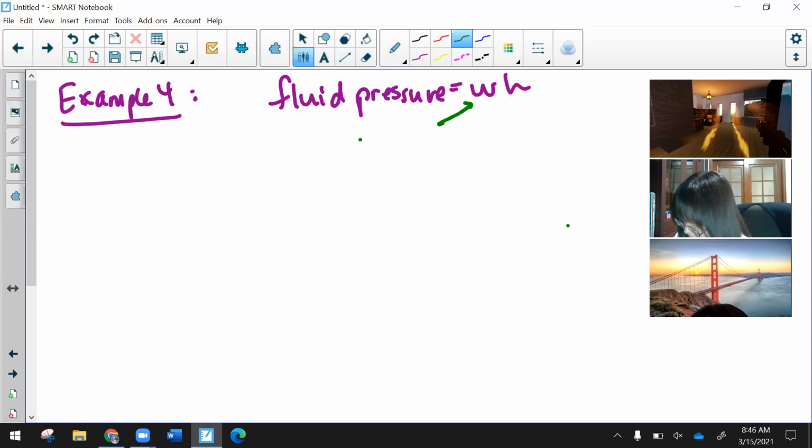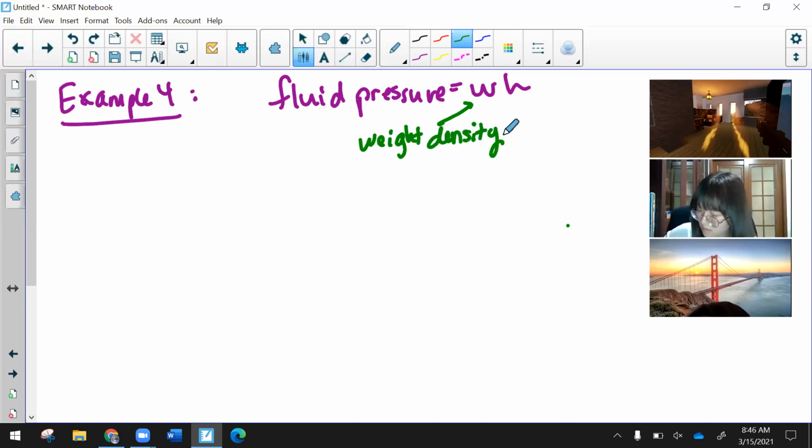So W is the weight density, which is what I called rho in the last problem. And basically it's just the weight per volume instead of the mass per volume. And then H is the depth.